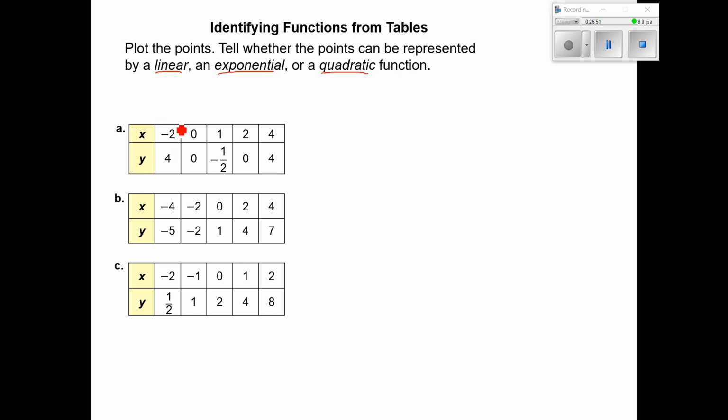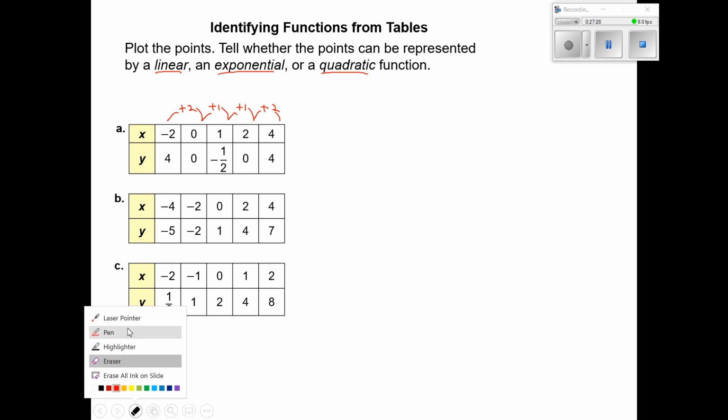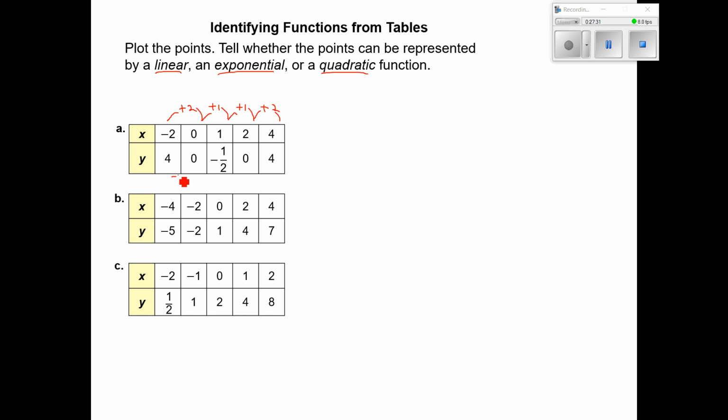The first one has -2 when it goes to 0. That's increasing by 2. When it shows 0 to 1, that's increasing by 1. When it shows 1 to 2, that's increasing by 1. It shows 2 to 4, that's increasing by 2. All right. And then over here, we see that we had 4 to 0, that's actually minus 4, sorry, subtracting 4.